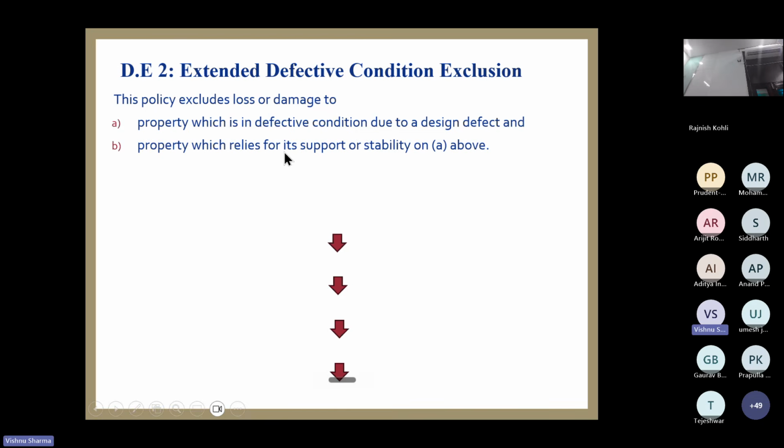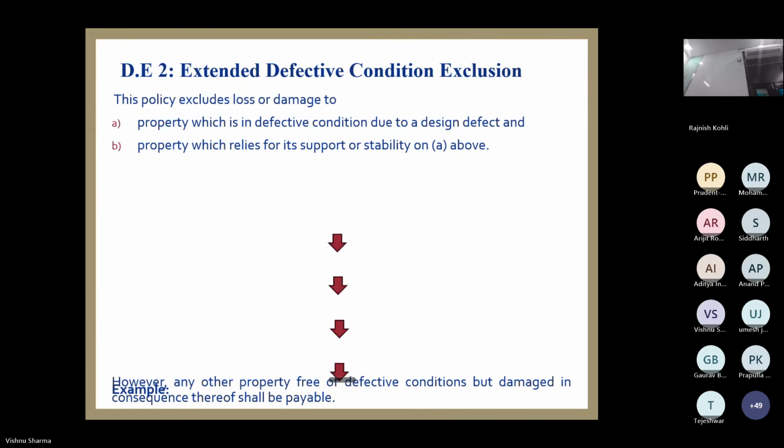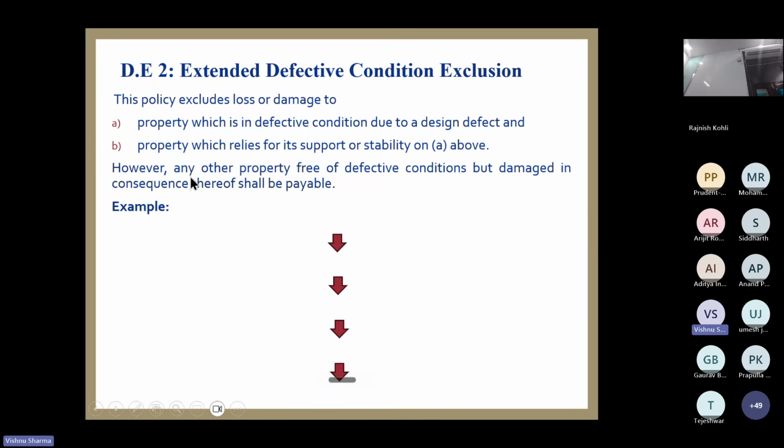Plus, property which relies for its support, वो प्रॉपर्टी जो इसके सपोर्ट पर खड़ी हुई है, इस डिफेक्टिव मशीनरी के सपोर्ट पर, कंपोनेंट के सपोर्ट पर, that is also not paid. However, what is paid? These two things are not paid. First of all, defective machinery, defective part, component, that is not paid, and other components which are linked to this defective component, they are also not paid. However, जो property free of defects है, surrounding property nearby, वो सब पे हो जाएगा.